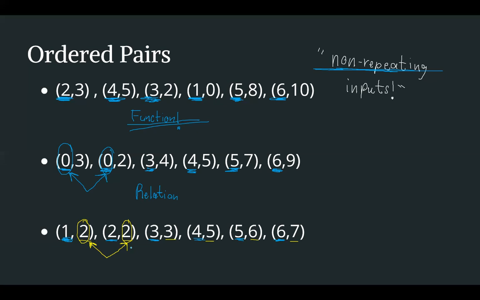Since the numbers in the inputs are not all the same, even two numbers are not the same, like each of them, it is called a function. So this is just a function.